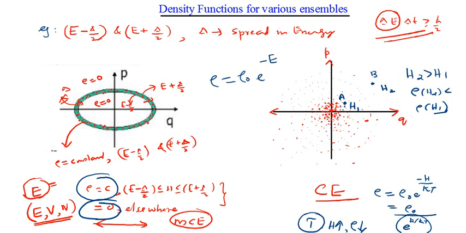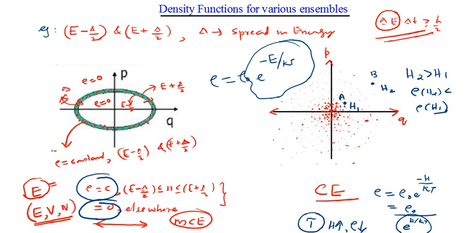Instead of H, I am calling it E, because for a conservative system H will be equal to E, the total energy. I hope that you are very familiar with this particular term. You have seen this term many times when using the distribution functions for Fermi, Dirac, Bose-Einstein, etc. You have been writing this e raised to minus E by kT.